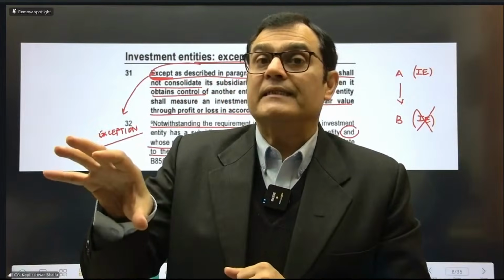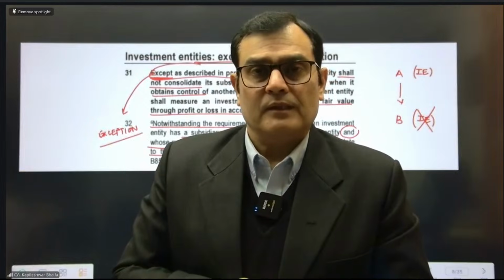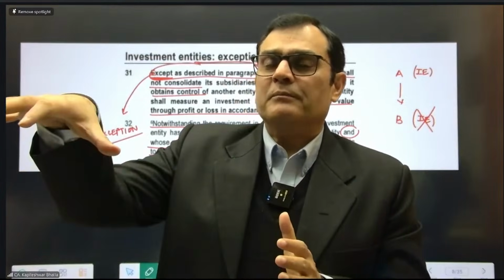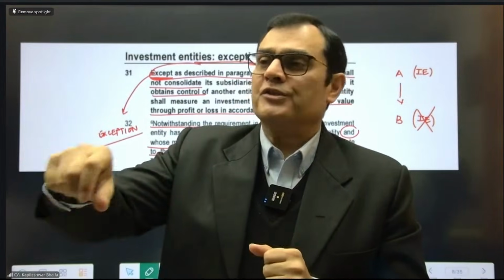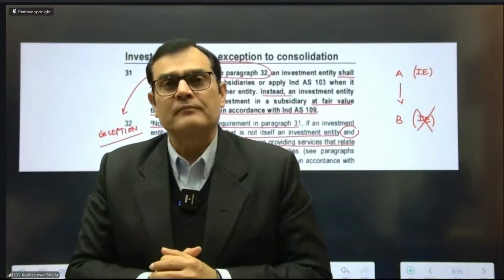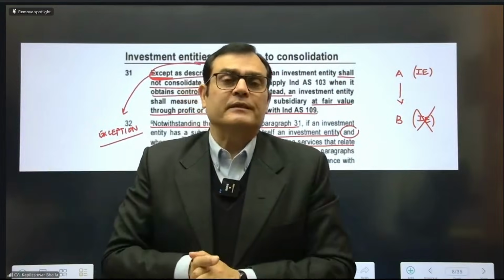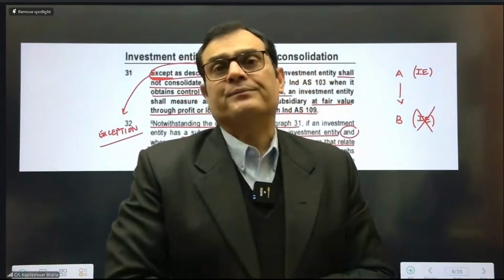So when this standard was made, the standard setters were very conscious that we will not give any exemptions in cases where genuine consolidation needs to be done. So they decided that if I'm telling an investment entity not to consolidate, let's give them a lot of complicated parameters to apply. If you're not able to fulfill those parameters, then in those cases, consolidation will be done.